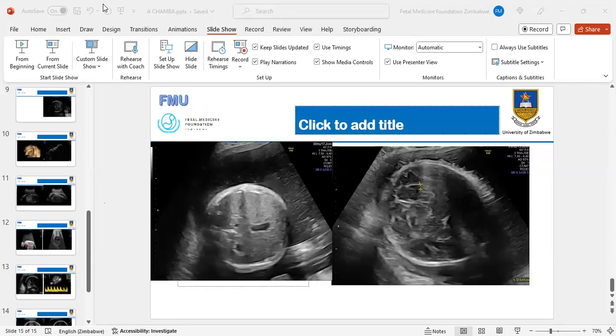As medical people, I was thinking it would be very important to know what losartan does and the effects it has in pregnancy. So let's just have a discussion on those.